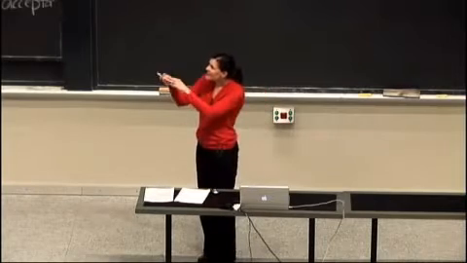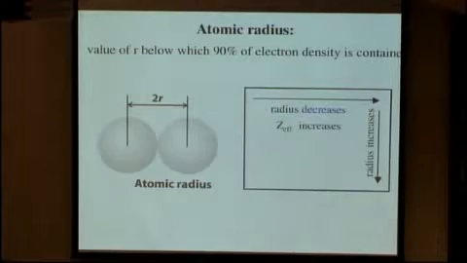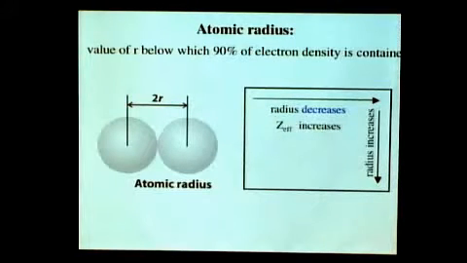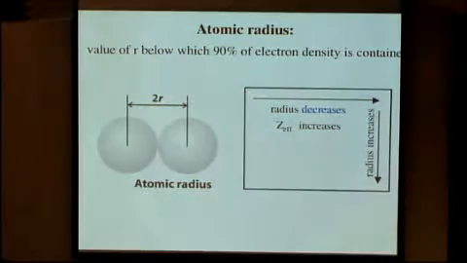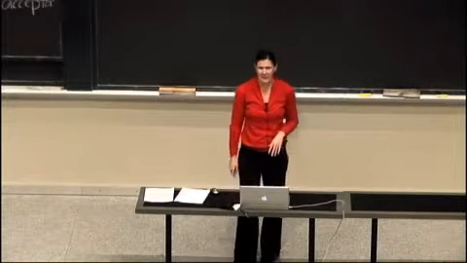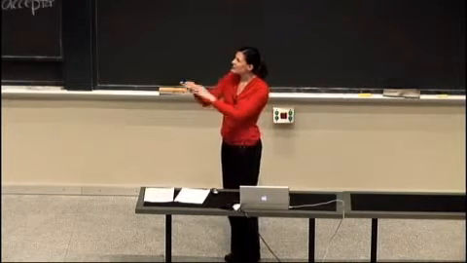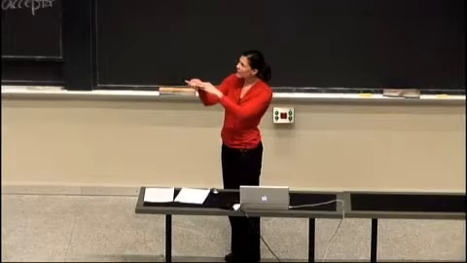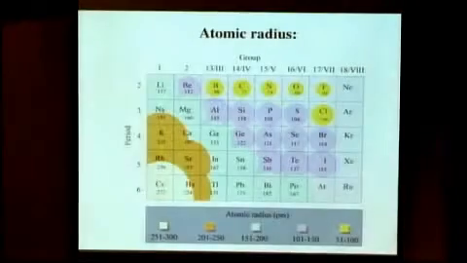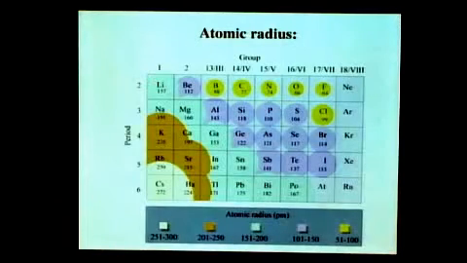This is in contrast to what's happening as we go down the periodic table. As we go down, we're adding electrons to further and further away shells, so the atomic radius is going to increase as we go down. We can look at an example here. If we start in the upper left-hand corner of the periodic table with lithium, as we go down the table, the atomic radius is increasing, as we would expect.